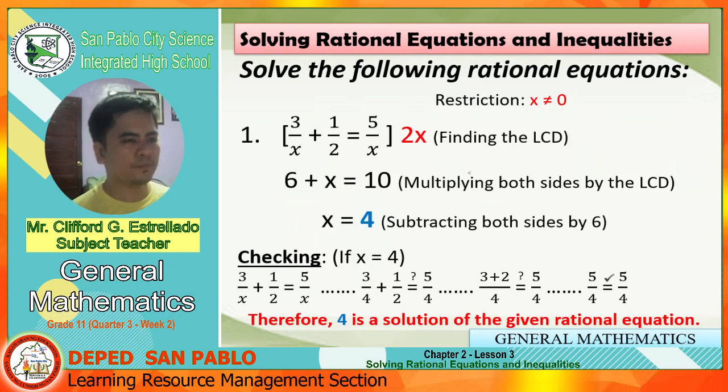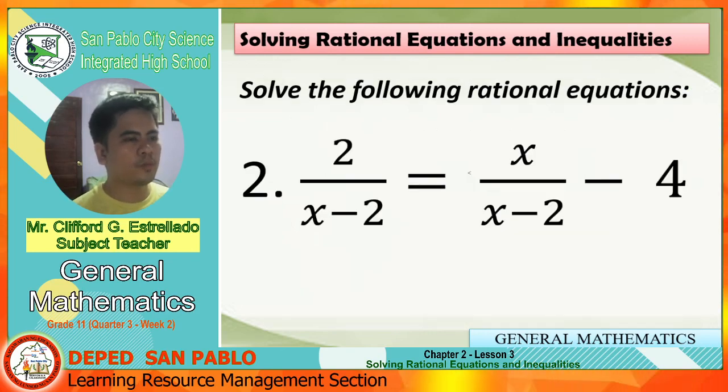Okay? Another example, we have 2 over x minus 2 is equal to x over x minus 2 minus 4. If we equate x minus 2 in our denominator to 0, so x minus 2 is equal to 0, so x is equal to positive 2.